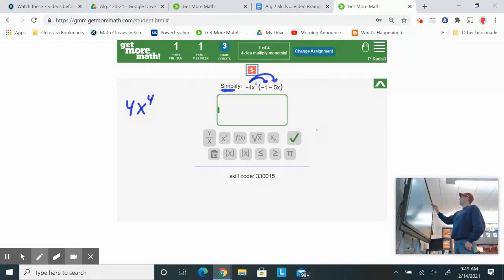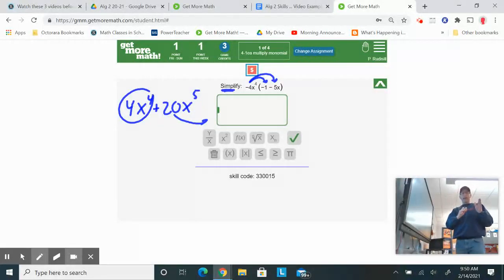And then when I multiply times negative 5x, negative 5 times negative 4 is positive 20. X to the fourth times x is x to the fifth. They're not like terms, so I can't add them. But I'm going to write this term first and this term second because of the powers. I'm going to put them in descending powers.